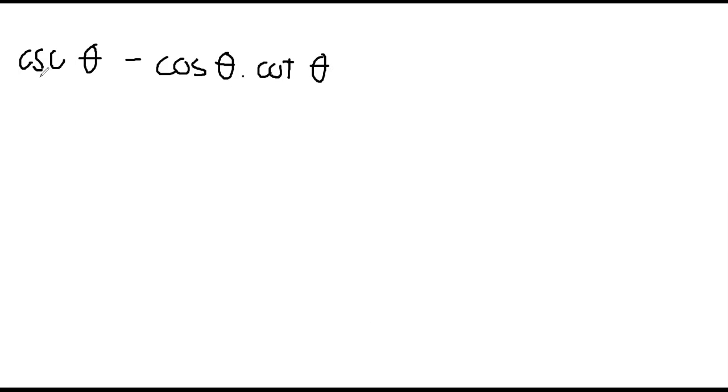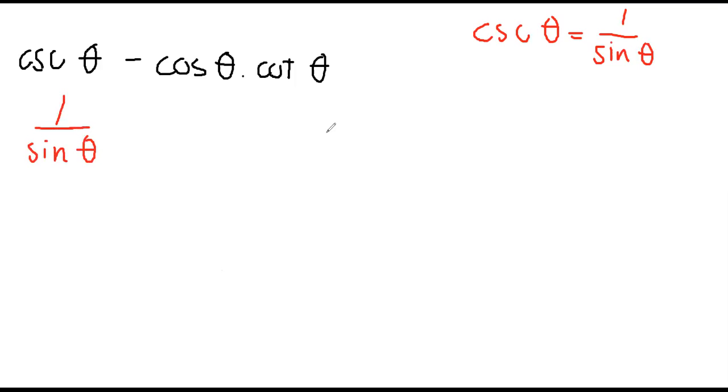So what do we have here? We have cosecant of theta. What is cosecant of theta? As we already learned, the cosecant of theta is 1 over sine of theta, the reciprocal identity. I'll go ahead and write down sine of theta. And I'll write the second part in black.